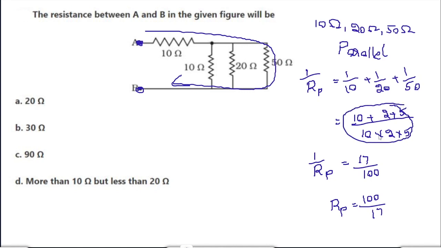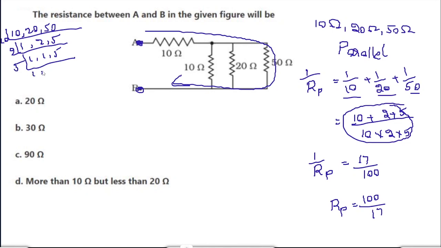Here I have simply taken the LCM of these three values. So if you take the LCM of 10, 20 and 50, first with 10, you get 1, 2, 5, right? And then 2, then 1, 1, 5, and then 5, 1, 1, 1. So it is 10 into 2 into 5. That's why I have written 10 into 2 into 5.